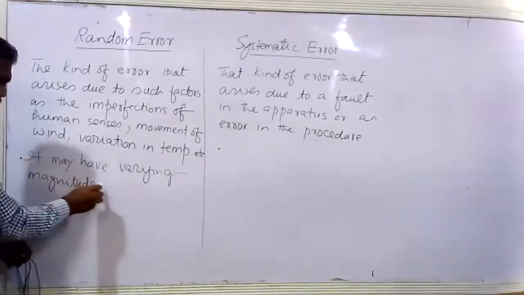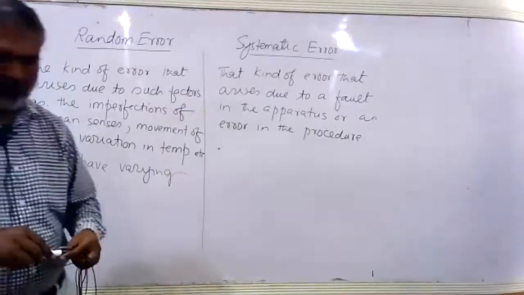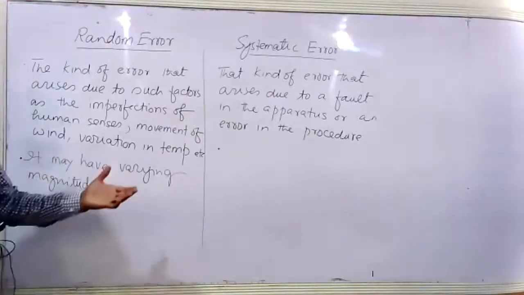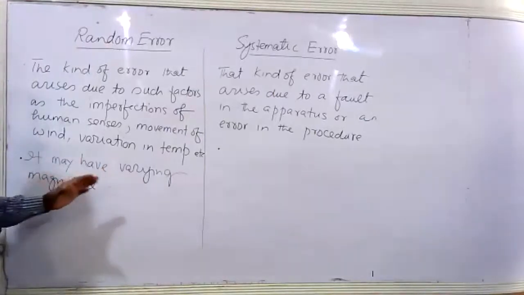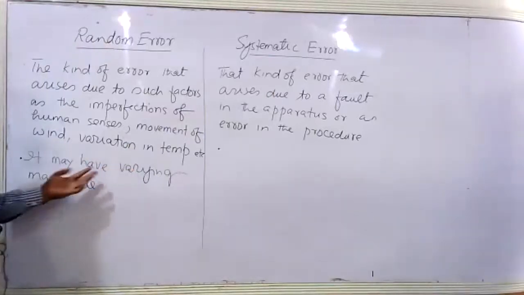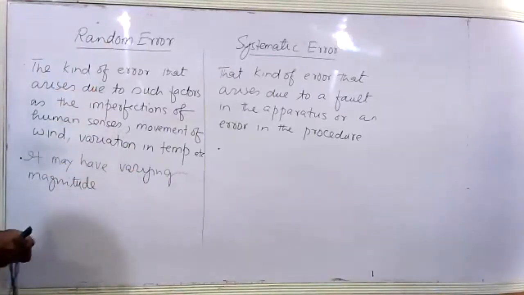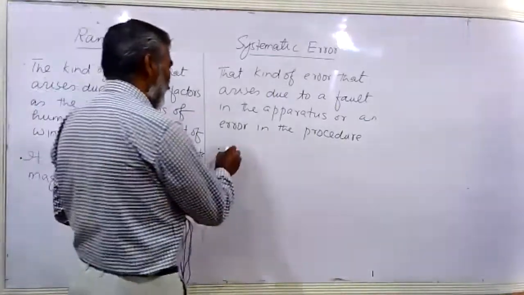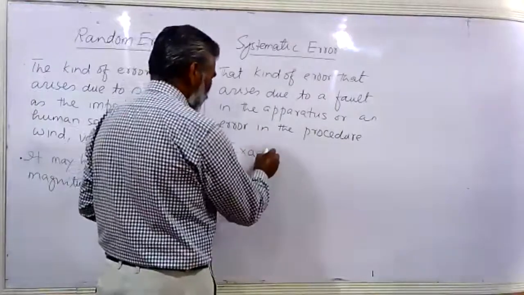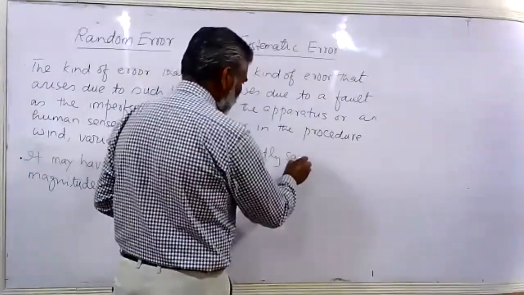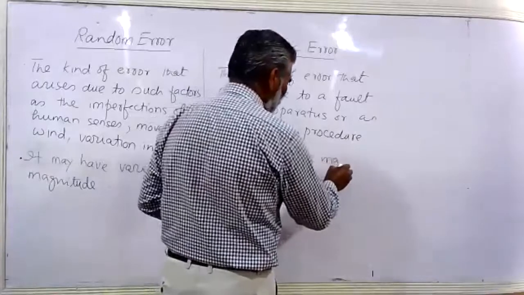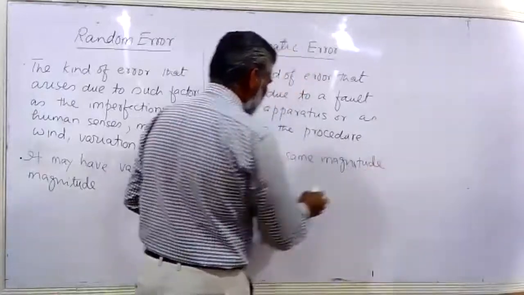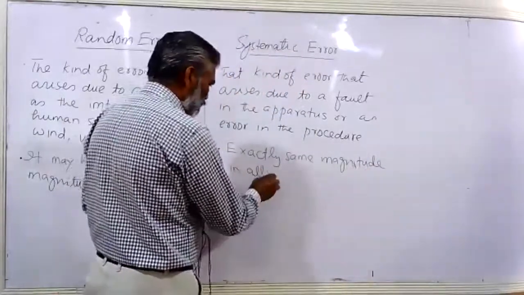During one experiment, you repeat different values, you take different values, and let's say there are 6 different readings. So those 6 sets of readings will have varying magnitudes of random error. But if they have systematic errors, they will all have exactly the same magnitude in all measurements.